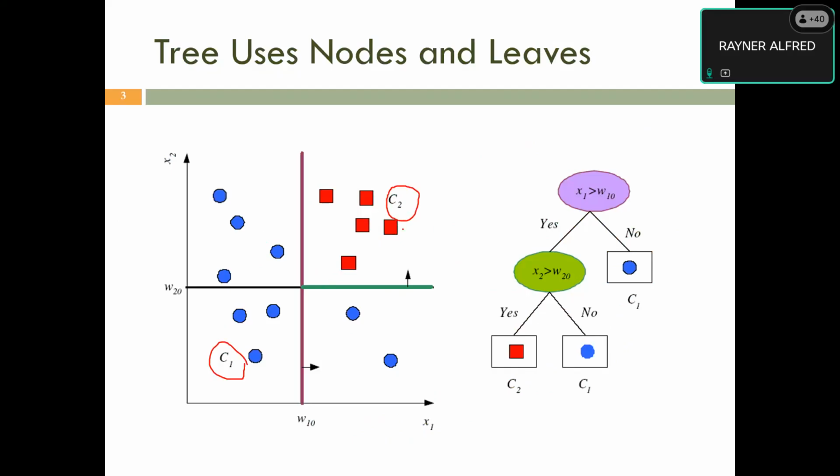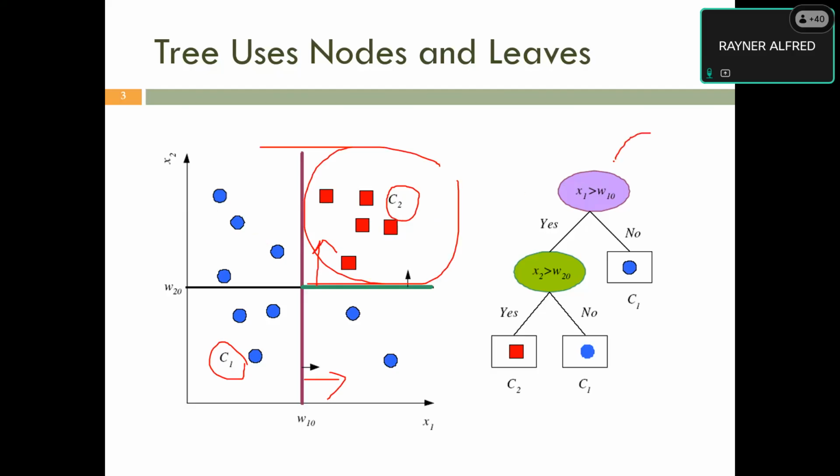So for us to divide this space here, we can say that as long as your x1 is greater than W10 and your x2 is greater than W20, they belong to the red square. Otherwise they belong to the blue.